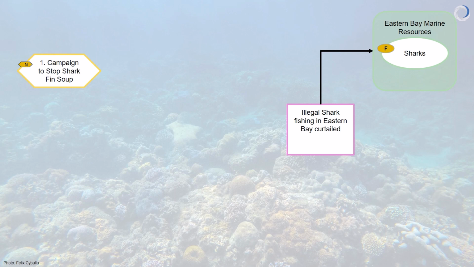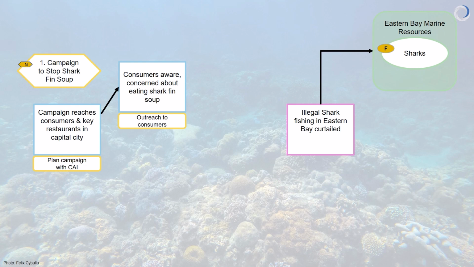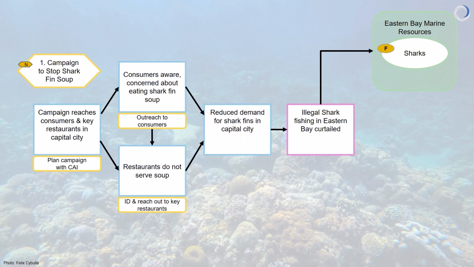Results chains lay out a team's assumptions using an if-then logic. So here, the team intends to reduce illegal shark finning in Eastern Bay with the belief that doing so would improve the overall population of the number of sharks. They are aiming their campaign at consumers and key restaurants in the capital city with the assumption that consumers would become aware of and concerned about eating shark fin soup, and that restaurants would not want to continue serving shark fin soup.